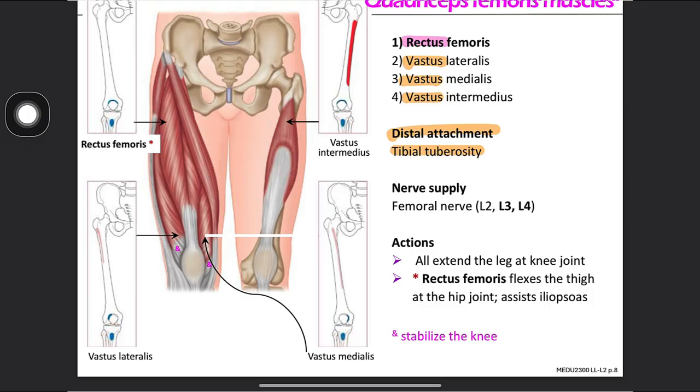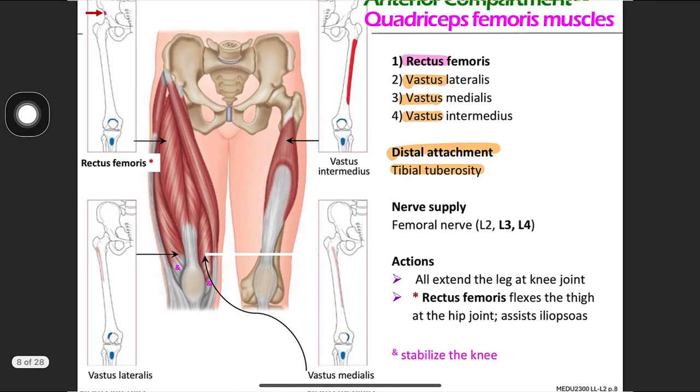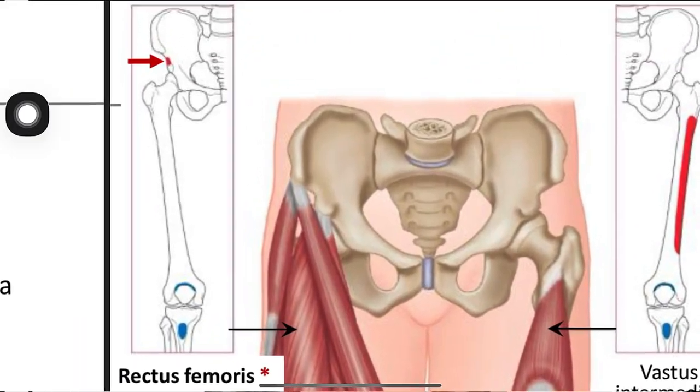But the proximal attachment sites are different. So the vastus muscles all originate from the femur. Can you see that? From the femur. But take a look at the rectus femoris.